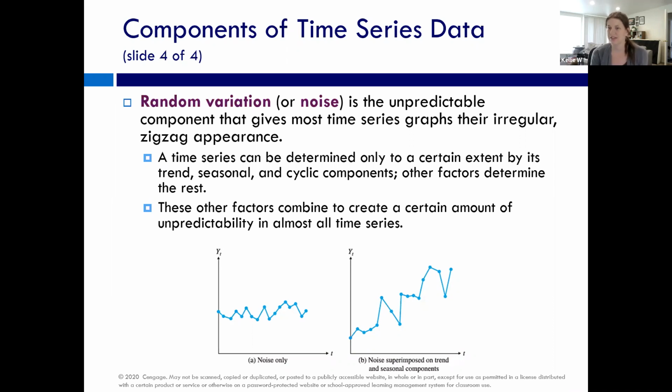Those types of things we just can't predict, and they create random noise. For staffing data, a pandemic can completely alter what our data looks like. A really bad flu season or a downturn in the economy, different things can create noise in the data. So this creates a lot of unpredictability with time variables that we don't see with other variables.